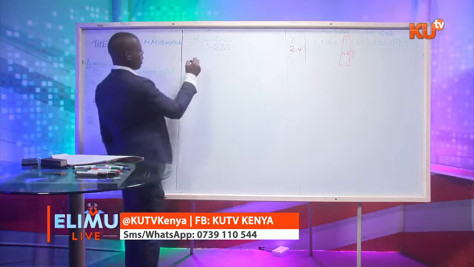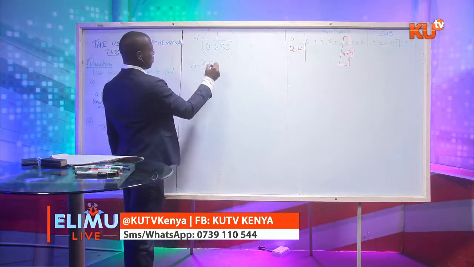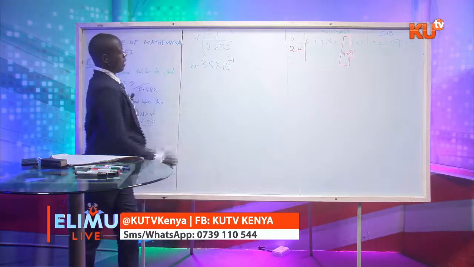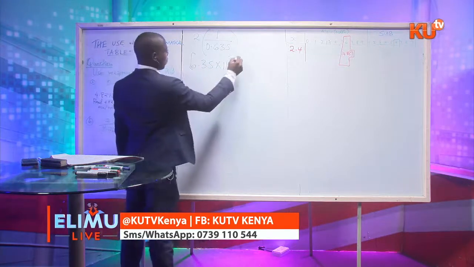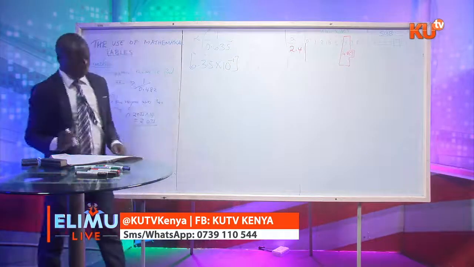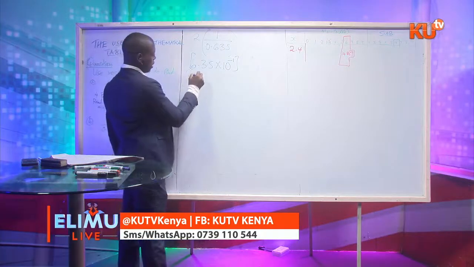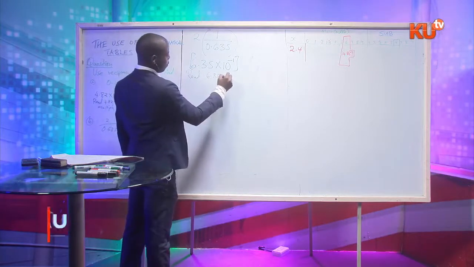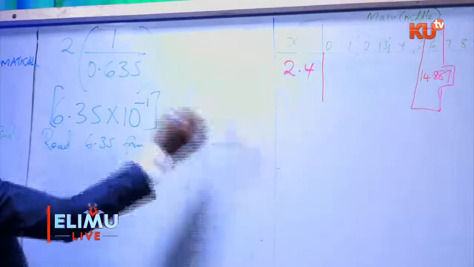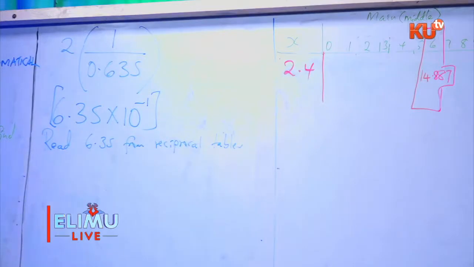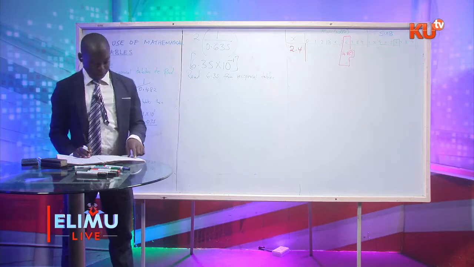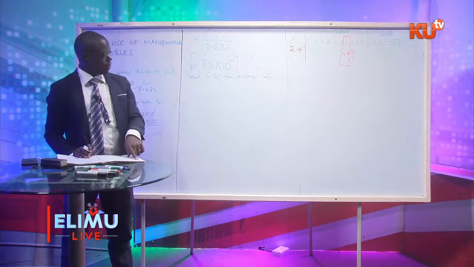So 0.635 becomes 6.35 times 10 power negative 1. And what you get here, we shall multiply by 2. So we read 6.35 from reciprocal tables. It will be on your page number 18, 6.35.